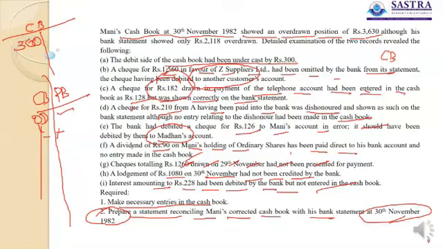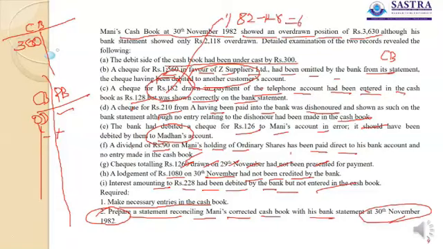And a check for 182 drawn in payment of the telephone account had been entered in the cash book as 128. So find out the difference, for which you just draw a line here. What is the amount? 182 versus 128.